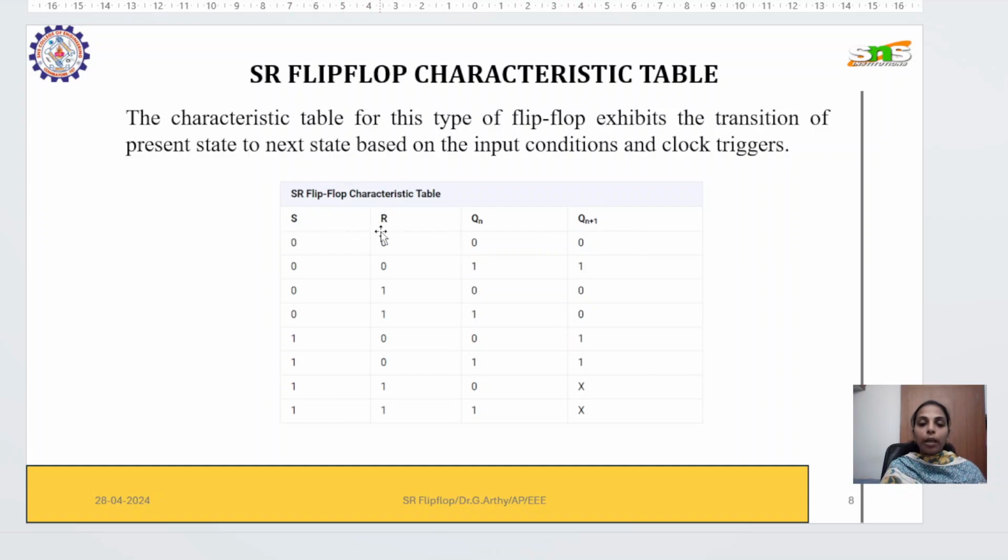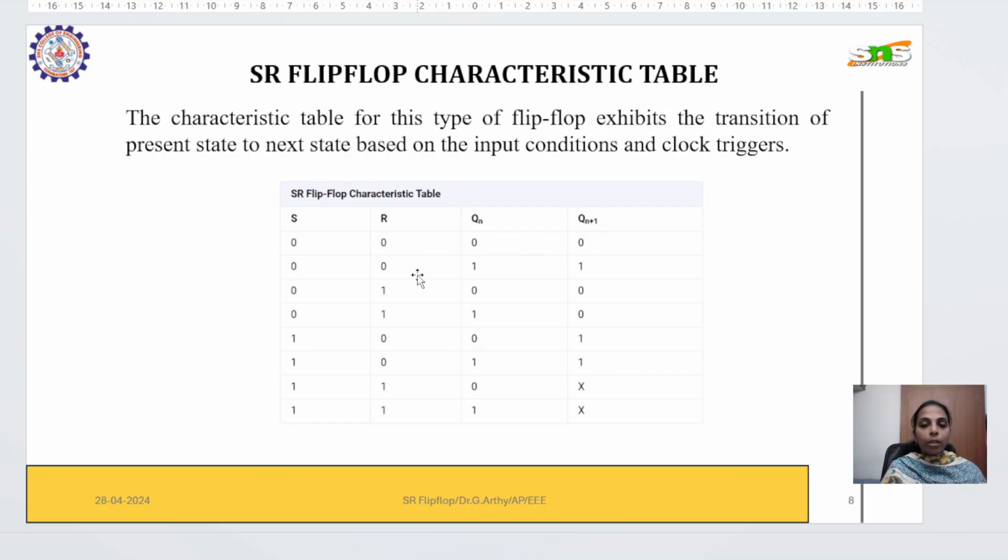The inputs here are S and R and the present state is Qn. With these two inputs and one present state, we have three inputs altogether, and so we have 8 different combinations. So when the inputs are 0 and 0 and the present state is 0, what will be the next state?